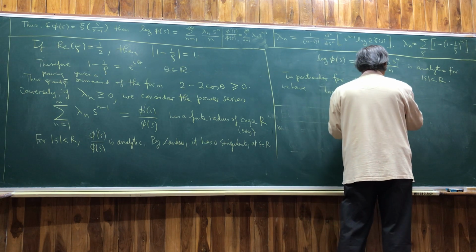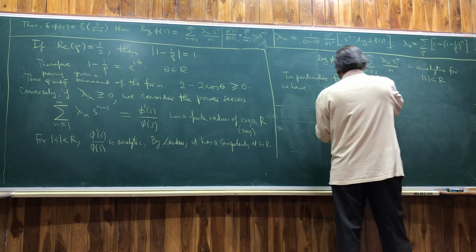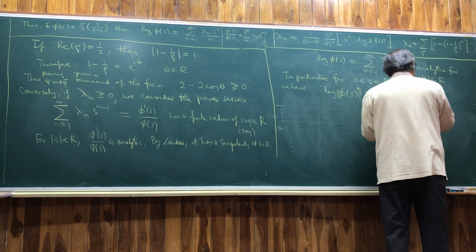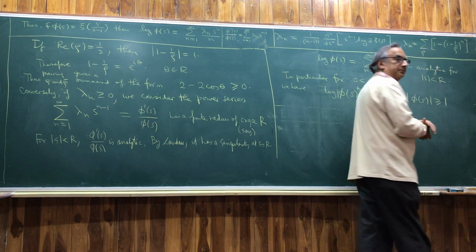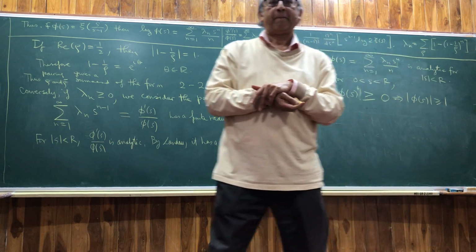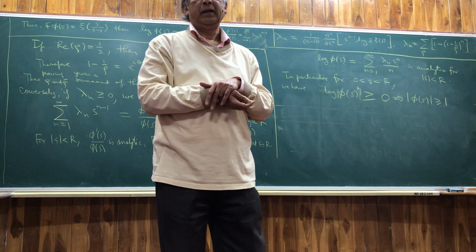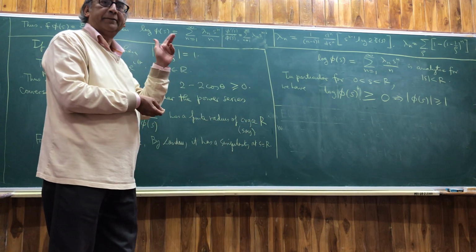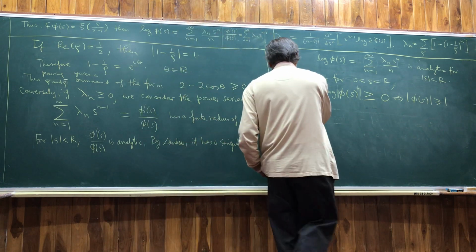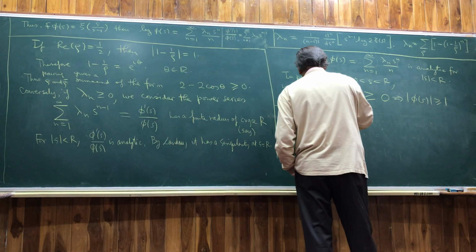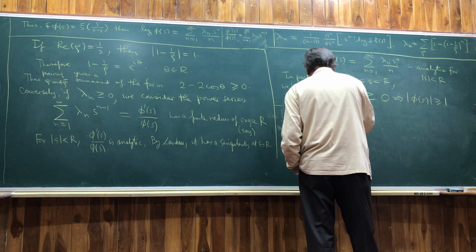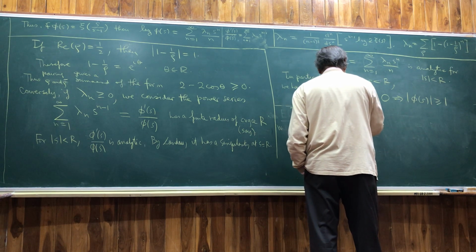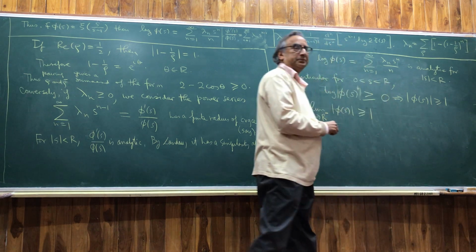So this implies that phi of s is bigger than or equal to 1. Now, as I approach r from the left, the limit as s approaches r from the left, phi of s is bigger than or equal to 1.